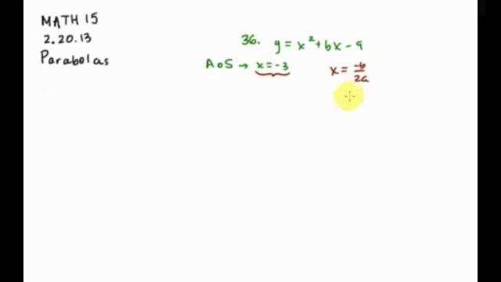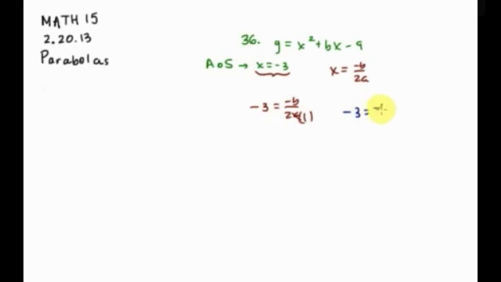And as you can see, negative 3 is going to be equal to negative b over 2a, right? If x is equal to this and x is equal to that, then this would be also equal to that. So negative b over 2a, what is a? That's 1. So this is 2 times 1.